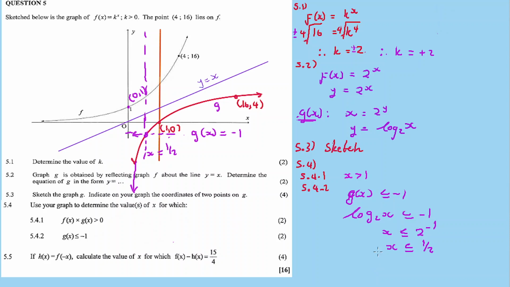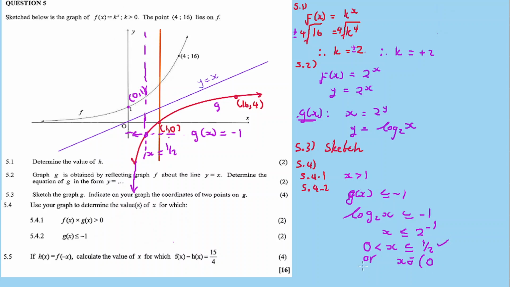I have to restrict and say x must be between 0 and 1/2: 0 is less than x, and x is less than or equal to 1/2, or x is an element of (0; 1/2]. I exclude 0 because it is a vertical asymptote.